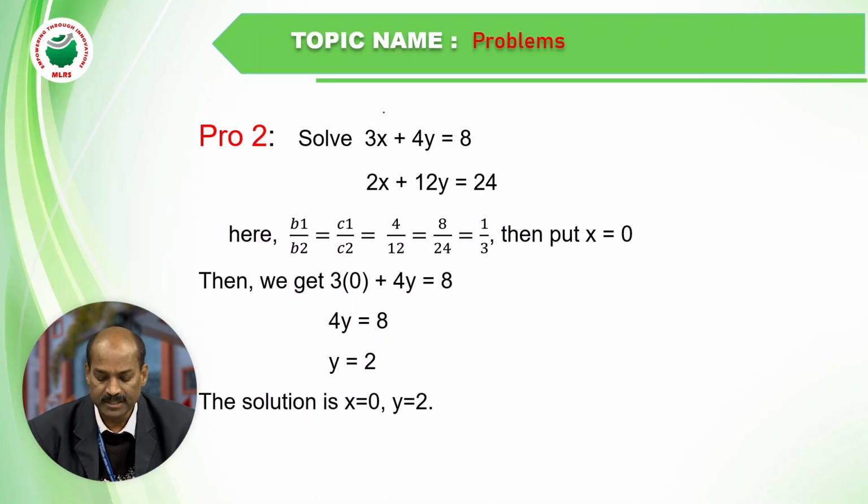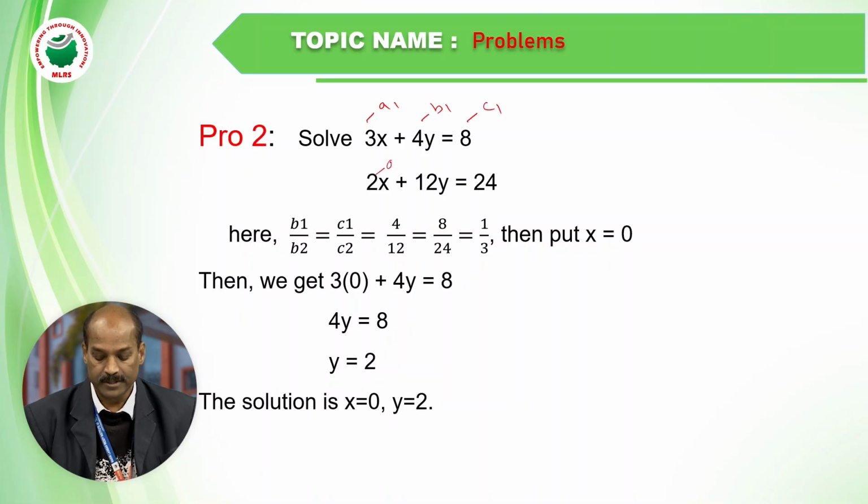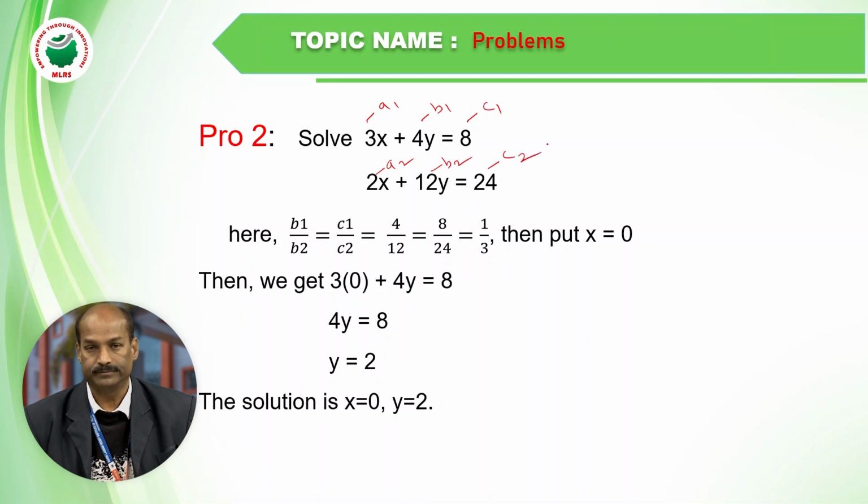Now in this problem: 3x plus 4y equals 8, 2x plus 12y equals 24. Here this is a1, this is b1, this is c1, and this is a2, this is b2, and this is c2. When we observe these coefficients, we observe that b1 by b2, that is 4 by 12, equals c1 by c2, 8 by 24. 4 by 12 equals 8 by 24 equals how much? 1 by 3.